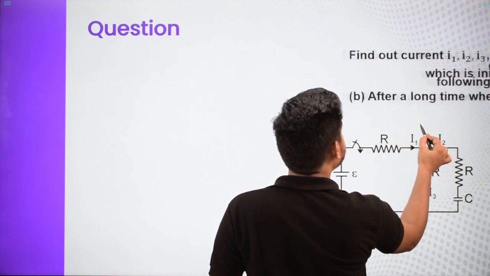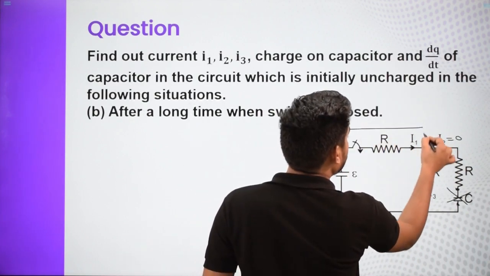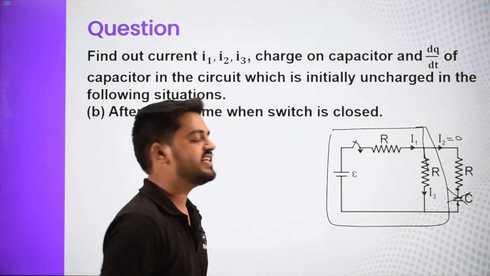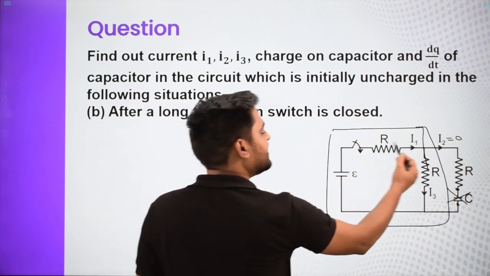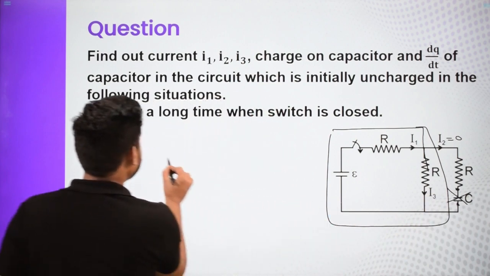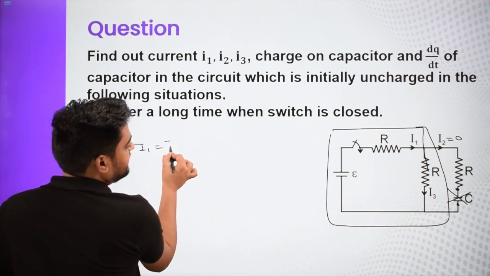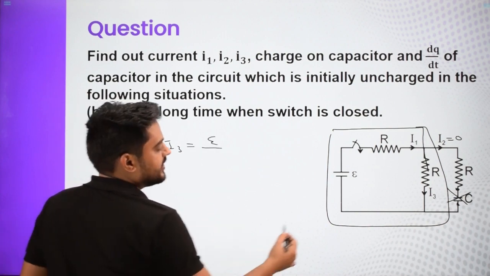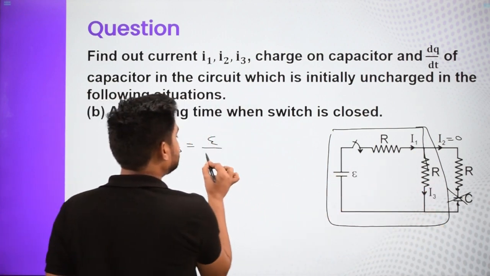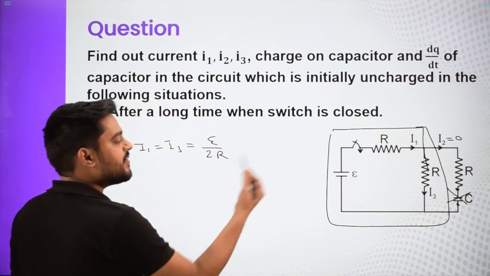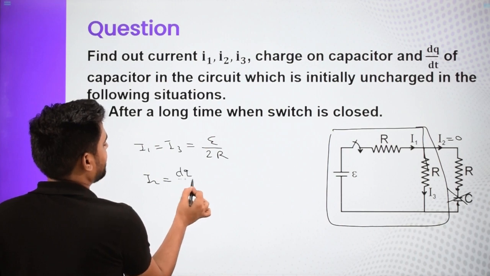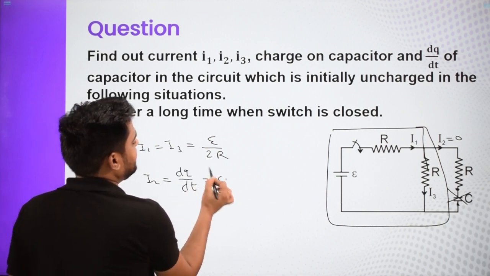Now only this is our circuit, and the current is flowing from here and coming like this. So I1 and I3 are both equal and they are E, the potential difference, divided by the total resistance, which is simply 2R. What about the current I2? I2, or dq by dt of the capacitor, is 0.